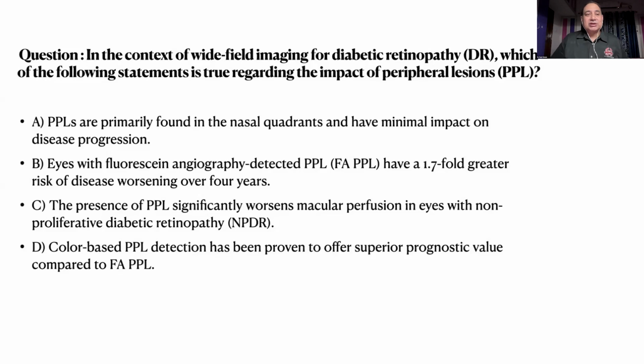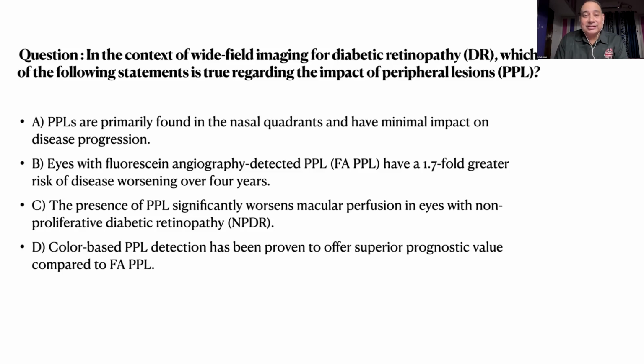So I have another question now, regarding diabetic retinopathy and PPL. In the context of wide field imaging for diabetic retinopathy, which of the following statements is true regarding the impact of PPL? PPLs are primarily located in the nasal quadrant.